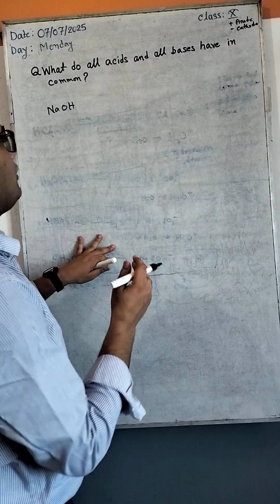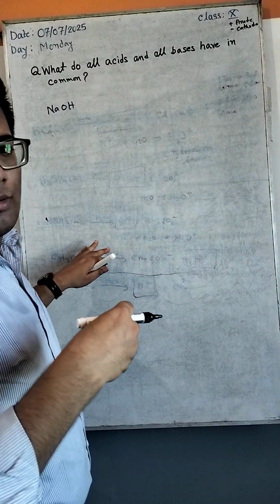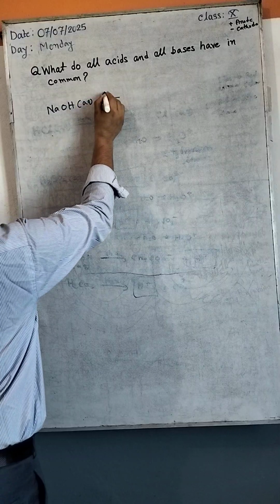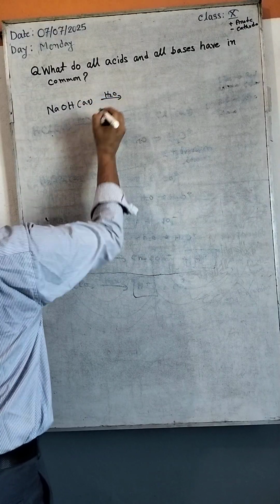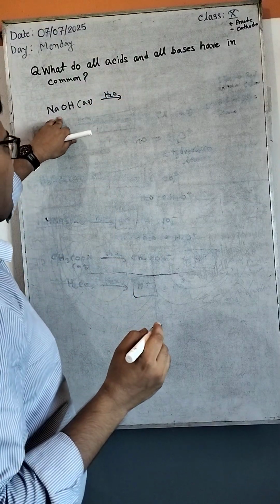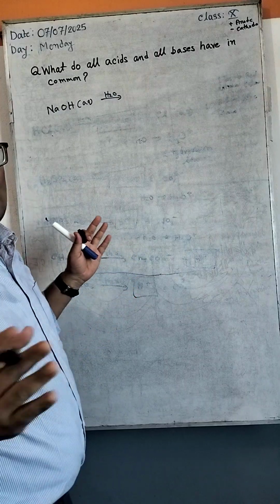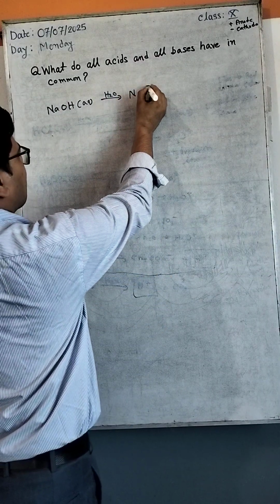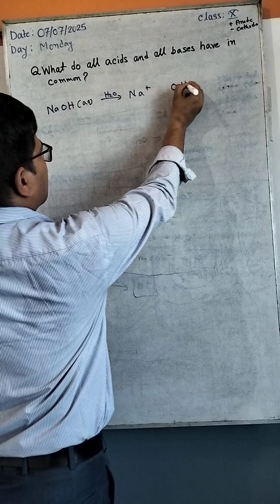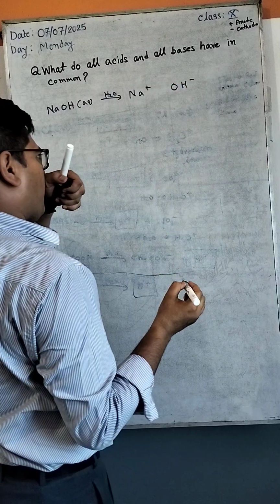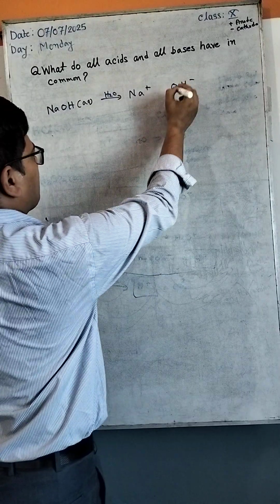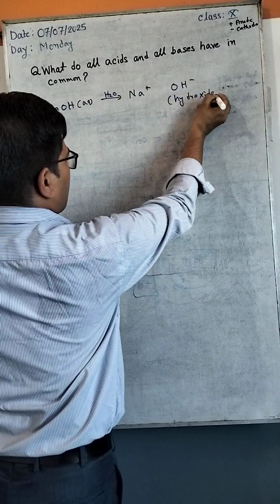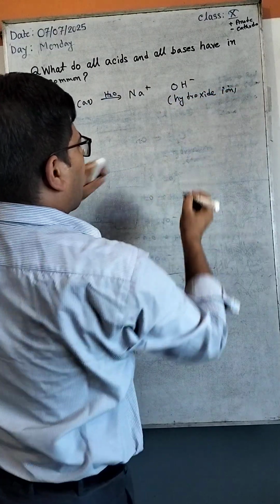When sodium hydroxide is dissolved in water, in aqueous solution, it dissociates, breaks down and forms Na plus and OH minus ion. That is called the hydroxide ion. The hydroxide ion is called an anion.